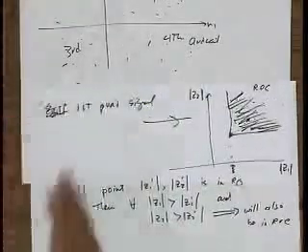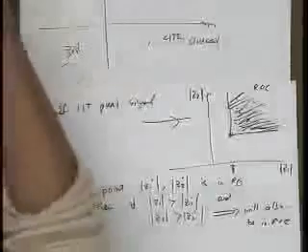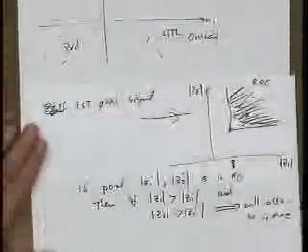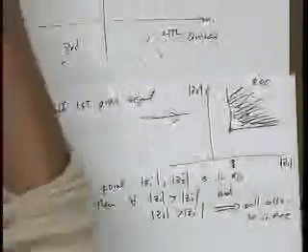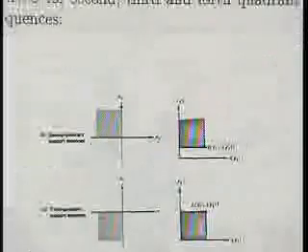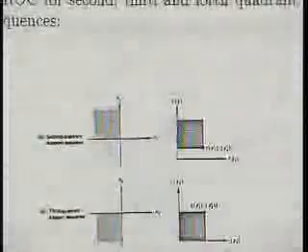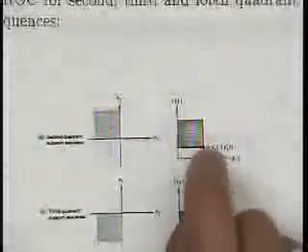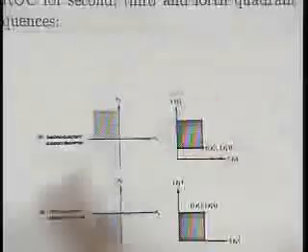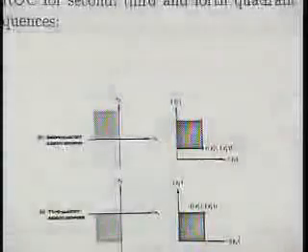And now, because my shoulder is really hurting, I'm just going to cheat and show that the same result holds for second quadrant, third quadrant, and fourth quadrant. So let's just cheat. Zoom in. For second, third, and fourth quadrant sequences, we have this. If the sequence is second quadrant, the ROC is going to be like this. It'll have a point, and all the points above it and to the left of it are in the ROC.